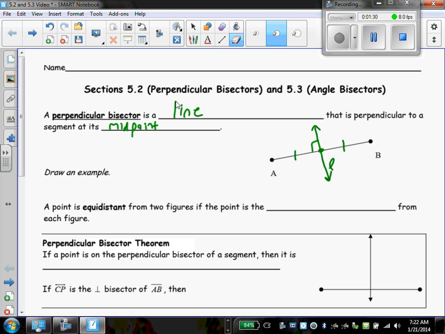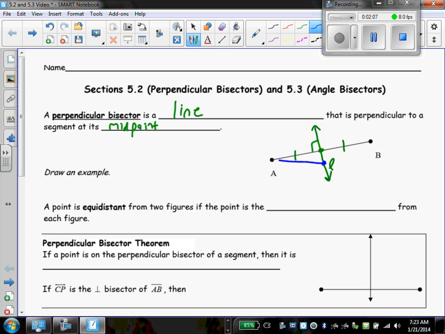Now, the perpendicular bisector has a really special feature. And what that feature is, is that a point is equidistant from these two figures. So a point is equidistant from A and B if that point is on the perpendicular bisector. So, for example, if we put a point here, it's on the perpendicular bisector to AB.